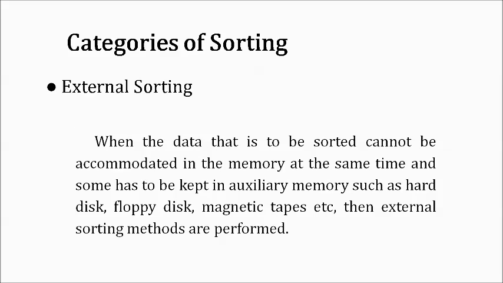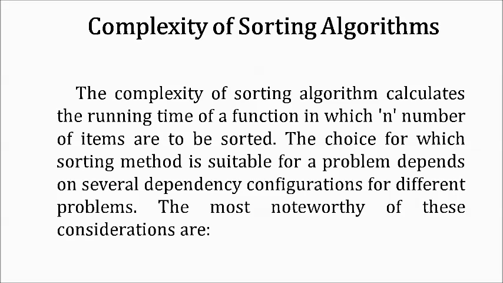External sorting: when the data that is to be sorted cannot be accommodated in the memory at the same time, and some has to be kept in auxiliary memory such as hard disk, floppy disk, magnetic tapes, etc., then external sorting methods are performed. So those are the definitions.